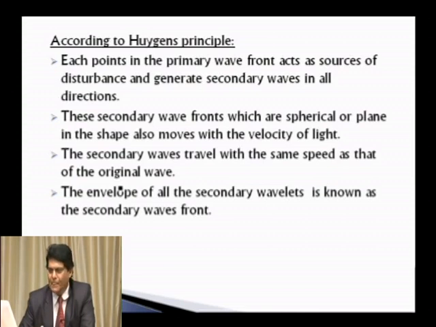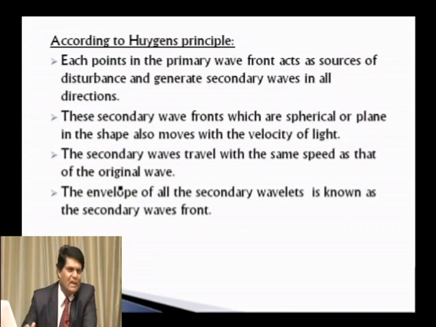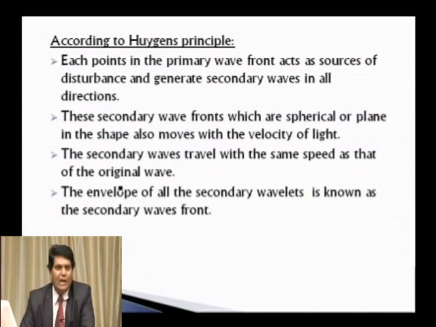That means the velocity of the primary wavefront and the velocity of the secondary wavefront are almost the same. The secondary wave travels with the same speed as the original wave. The envelope of all the secondary wavelets is known as the secondary wavefront.